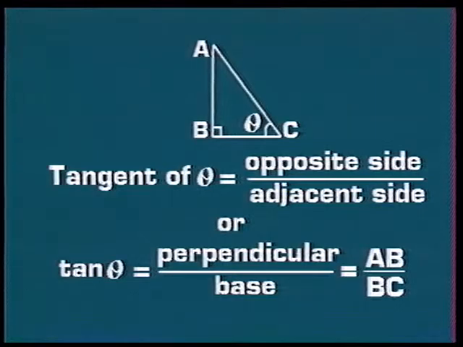The ratio of the side opposite to the angle theta to the adjacent side is called tan theta, and cosec theta is reciprocal of sin theta, sec theta is reciprocal of cos theta, and cot theta is reciprocal of tan theta. We learnt about trigonometric ratios and identities connecting them today.